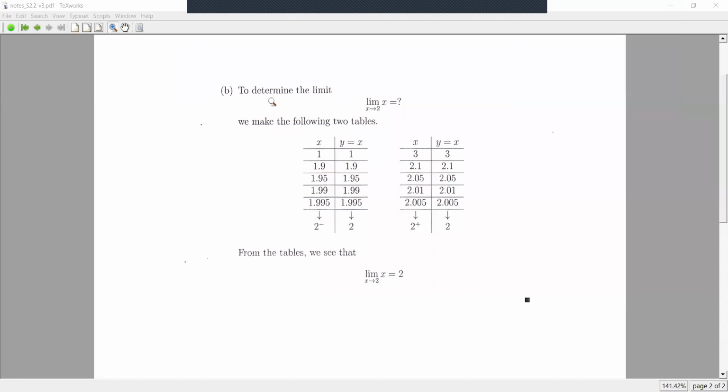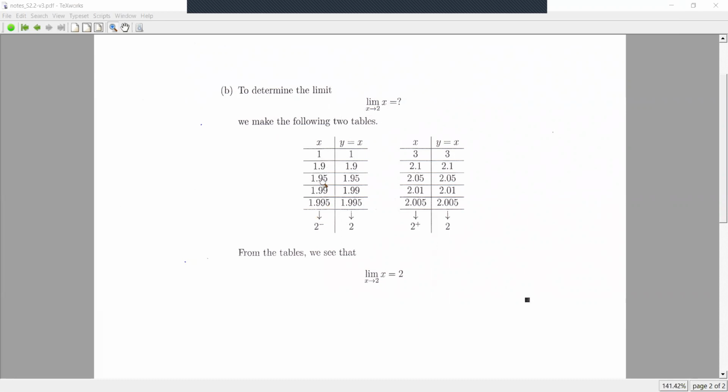Similarly, to find the second limit, I make two tables. In the first table, I let x approach 2 from the left-hand side by taking these points. When x is 1, function value is 1. When x is 1.5, function value is 1.5.